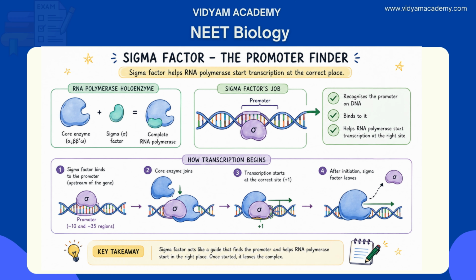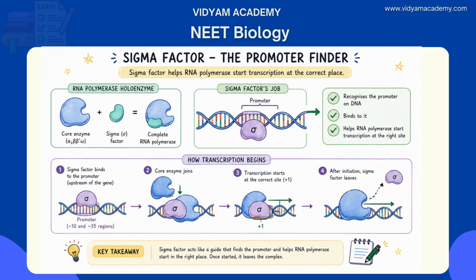This promoter recognition positions the holoenzyme precisely at the transcription start site, exactly +1. After initiation begins, the sigma factor dissociates from the complex and the core enzyme alone elongates the RNA chain. Sigma factor is therefore a specific factor for initiation only.